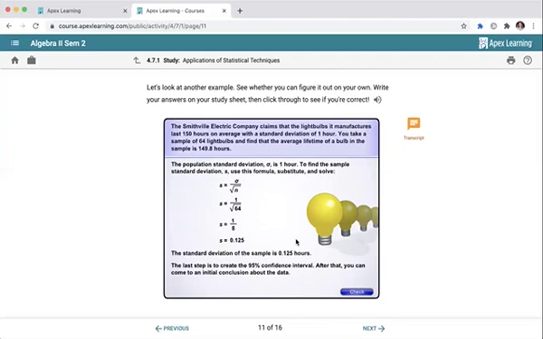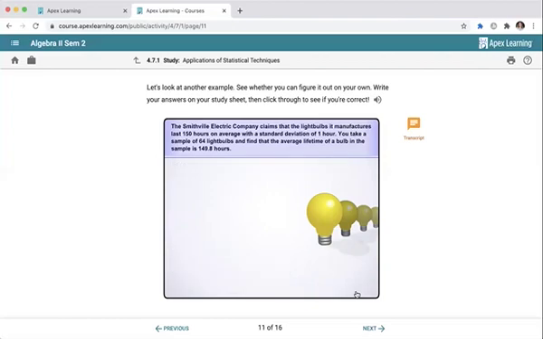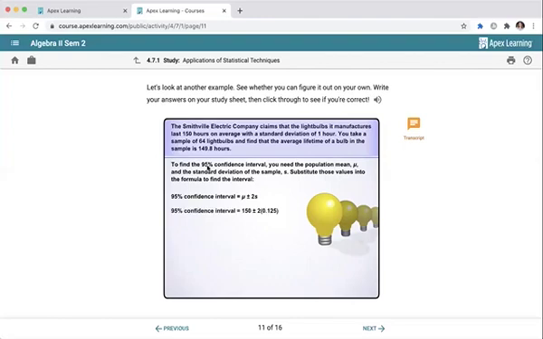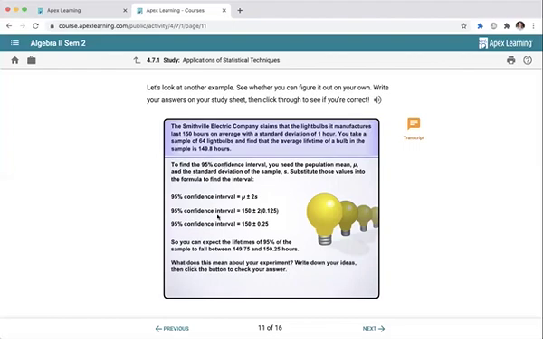All right, and then the last step for us is to create the 95% confidence interval, now that we have this standard deviation value of 0.125. It's the same equation we've been using. So 95% is our average plus or minus 2 standard deviations.